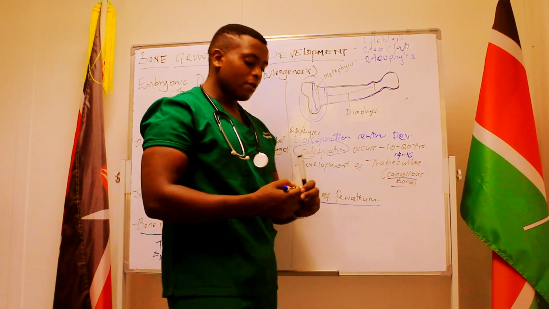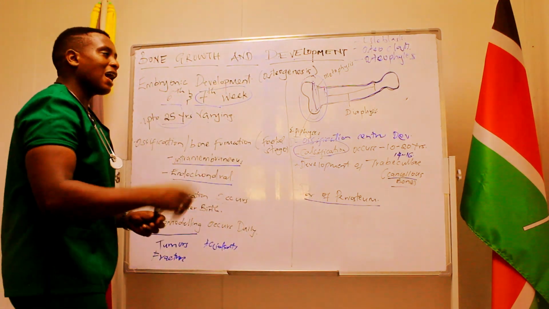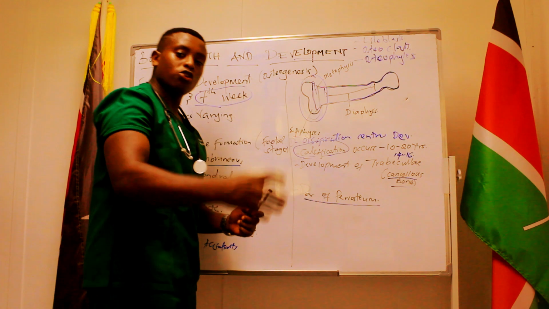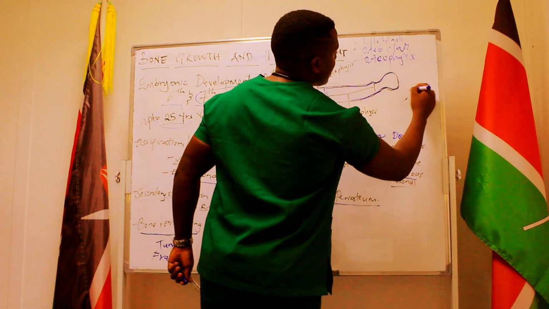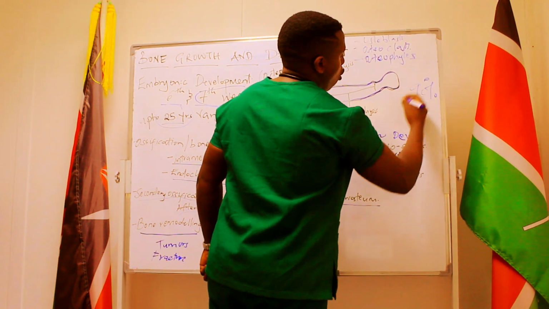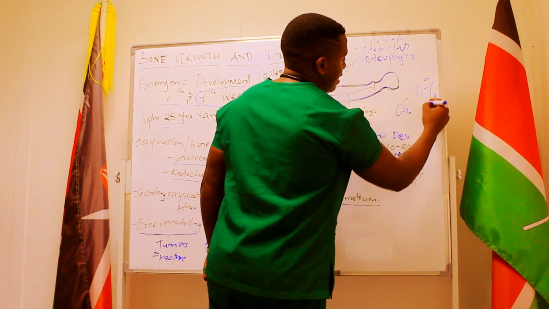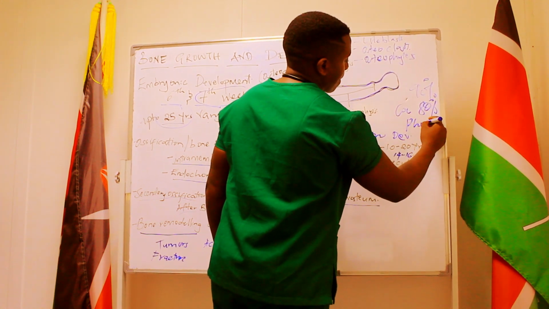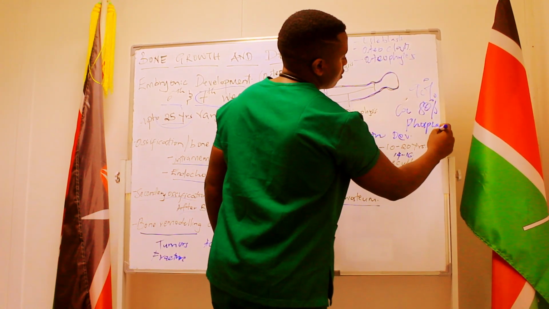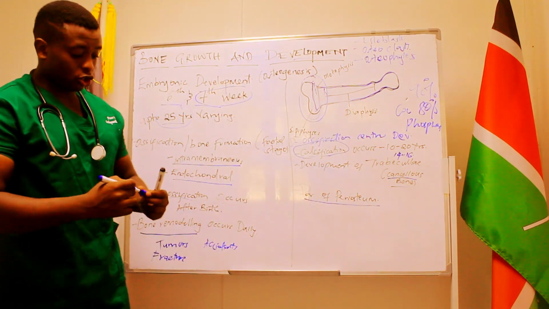What is calcification? As we said in our previous videos, calcium is a very important nutrient in our bones because 90% of calcium and 80% of phosphorus are stored in our bones.